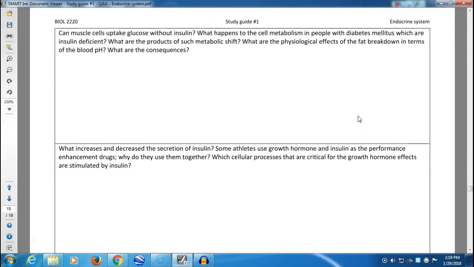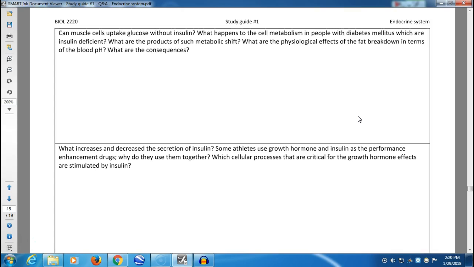Can muscle cells uptake glucose without insulin? No. What happens to the cell metabolism in people with diabetes? People who are insulin deficient switch to metabolizing which source instead of carbohydrates? Fat, because they can't take carbohydrates in.